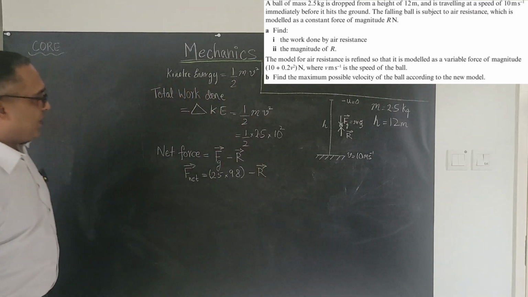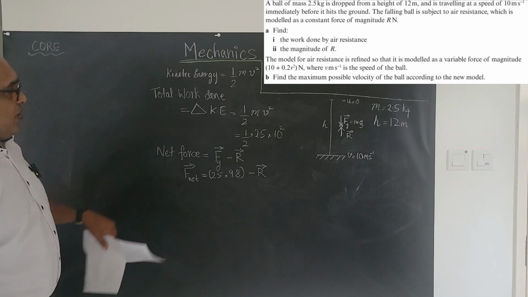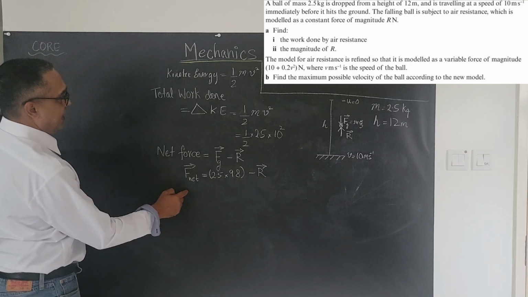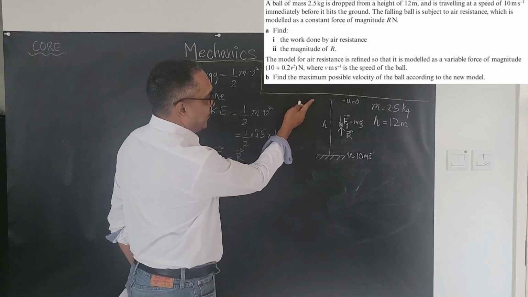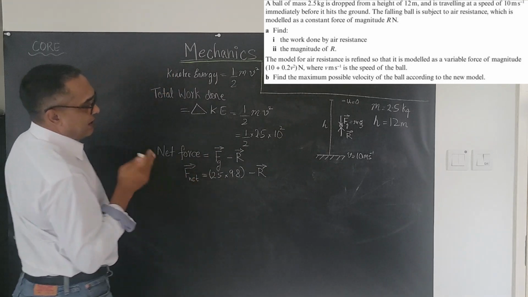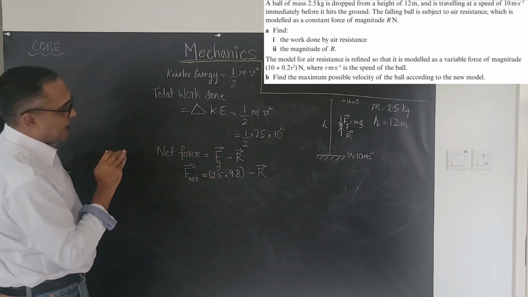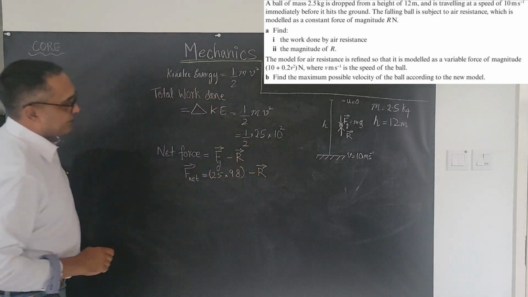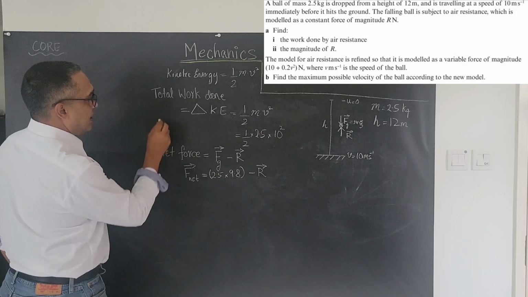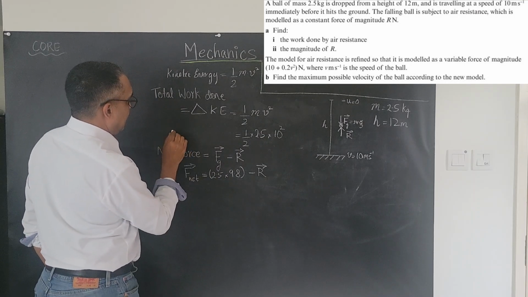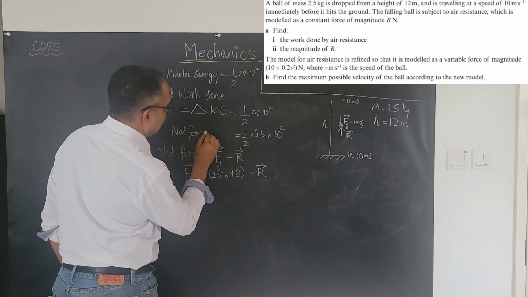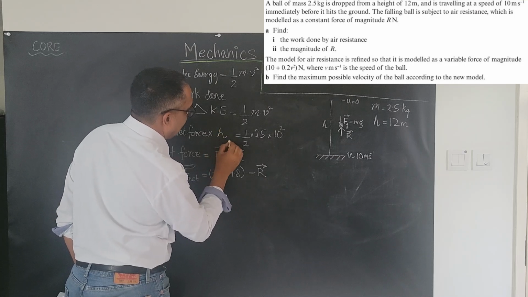What do I now have to work out? I don't know F net, but I know work done is basically force times distance. So I can come back here and say, if that distance is 12 meters and the net force acting has been whatever newtons, force times distance will be equal to that, Newton meters. So I'm going to equate this, and here I can actually say this is nothing but net force times h as the distance.